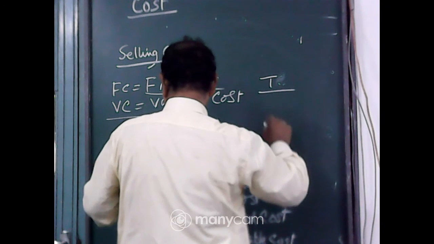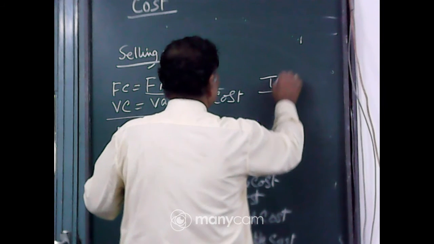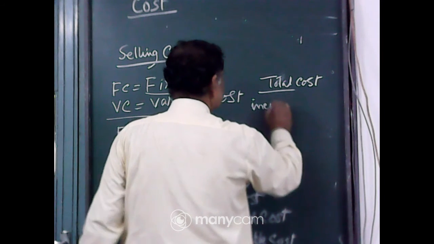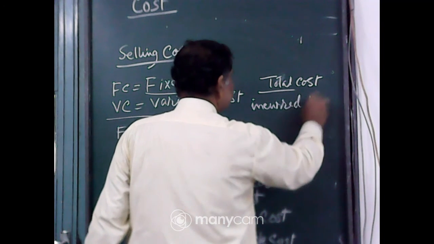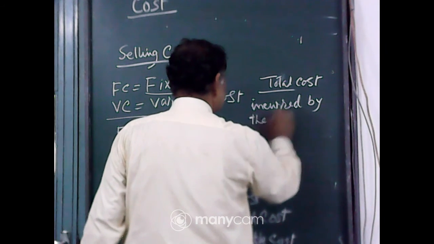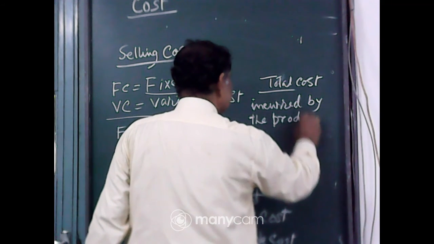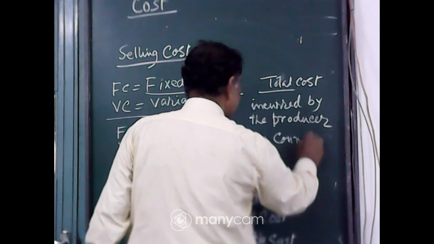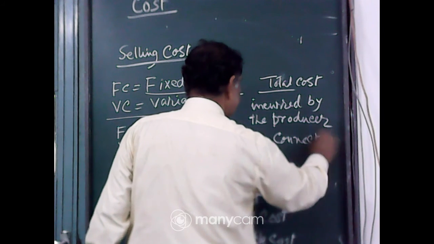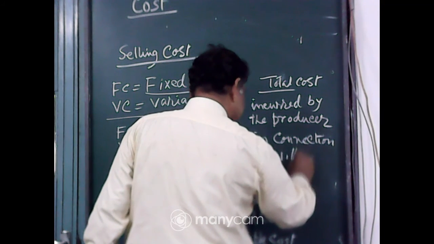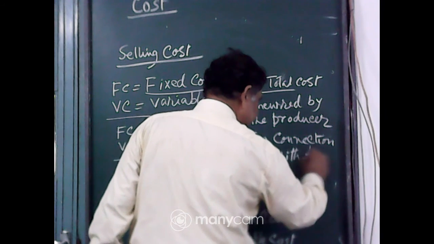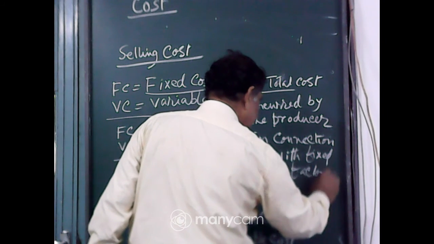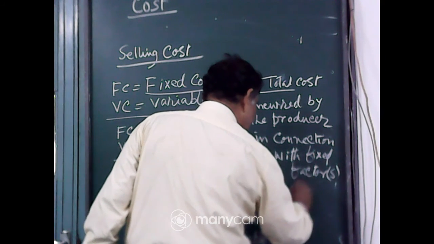Total fixed cost is the total cost incurred by the producer in connection with fixed factors of production.